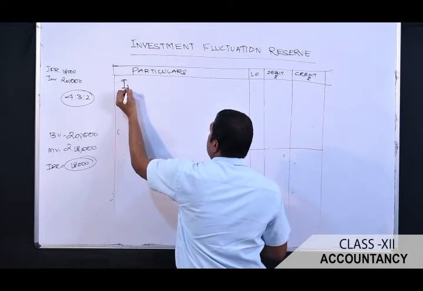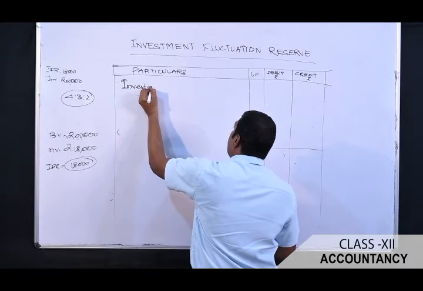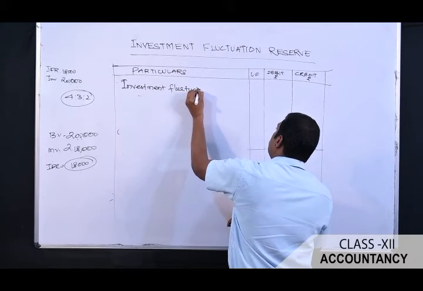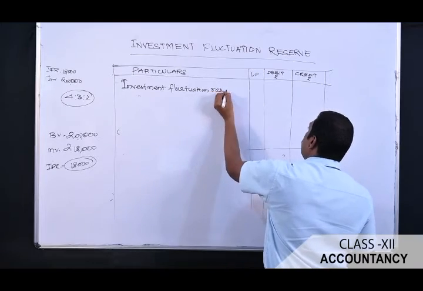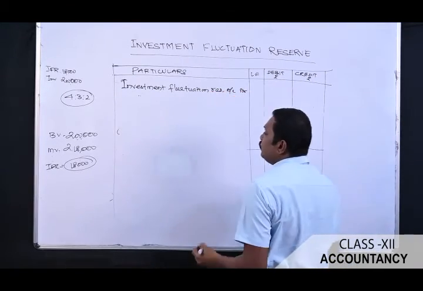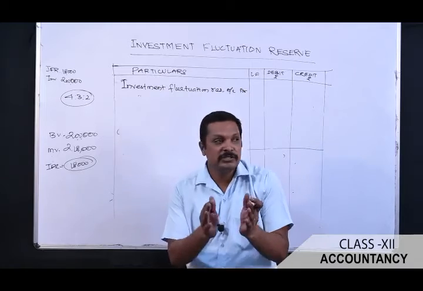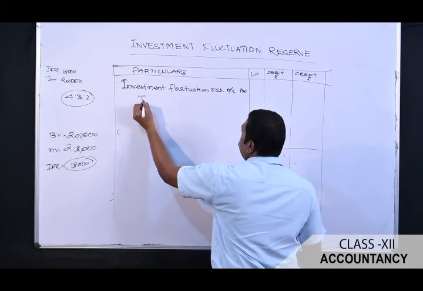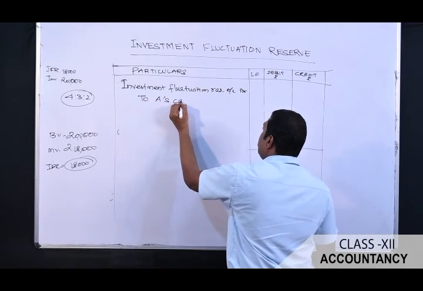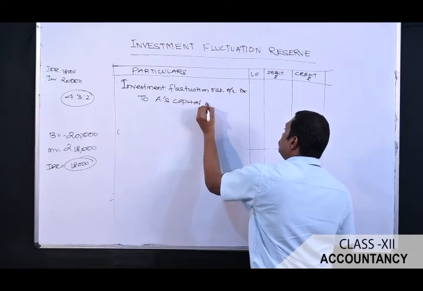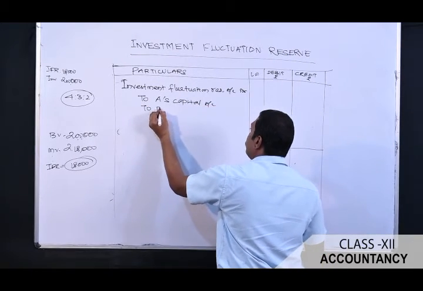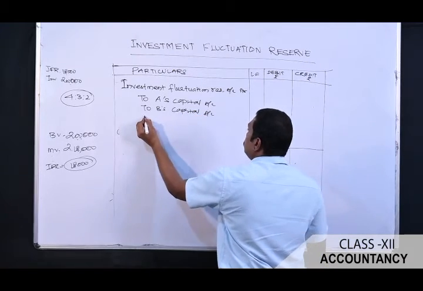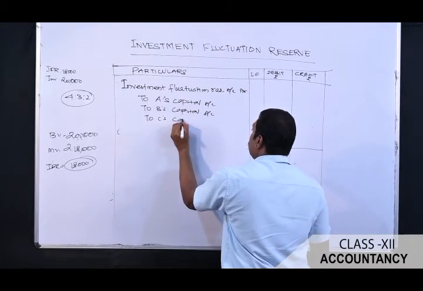So investment fluctuation reserve account debit, क्योंकि रिजर्व यहाँ पर यूज नहीं हुआ, वो रिजर्व को हम लोग ट्रांसफर कर सकते हैं पार्टनर्स को बीच में. सो इन्वेस्टमेंट फ्लक्चुएशन रिजर्व अकाउंट डेबिट टू A's कैपिटल अकाउंट, टू B's कैपिटल अकाउंट, टू C's कैपिटल अकाउंट.